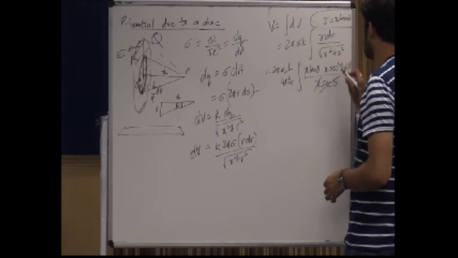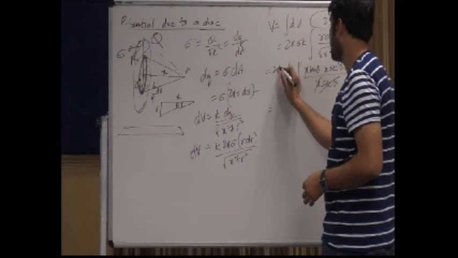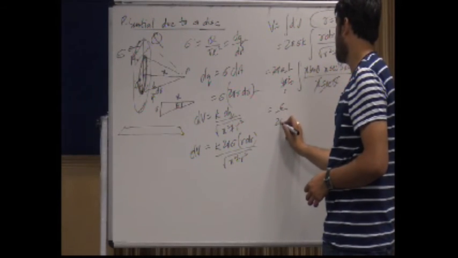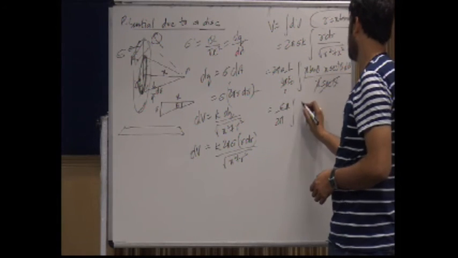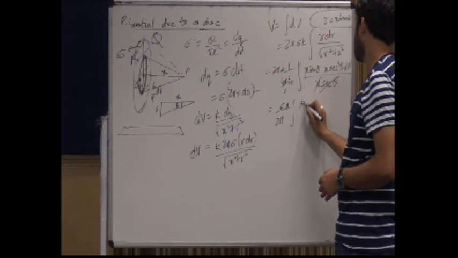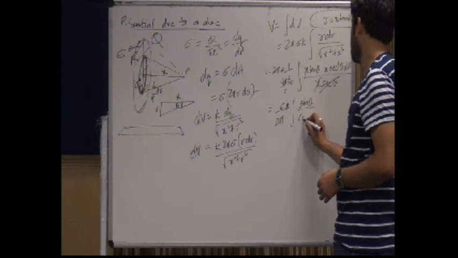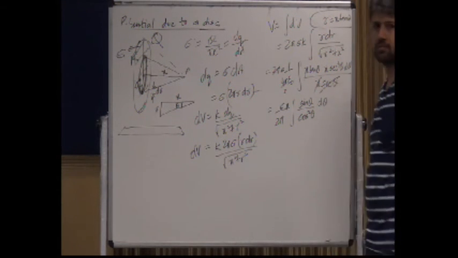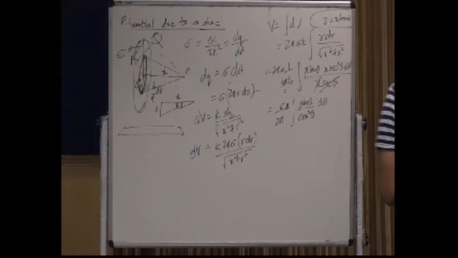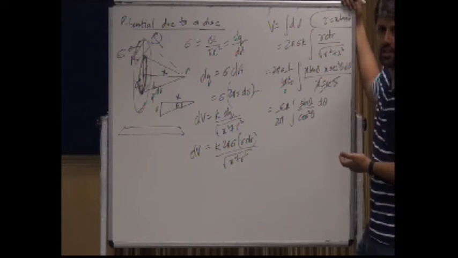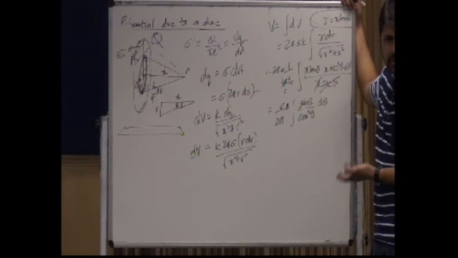So this cancels. If you find sigma by 2 pi, integral x comes out, and this would be sine theta by cos square theta d theta. Writing tan and secant in terms of sine theta and cos theta, right?